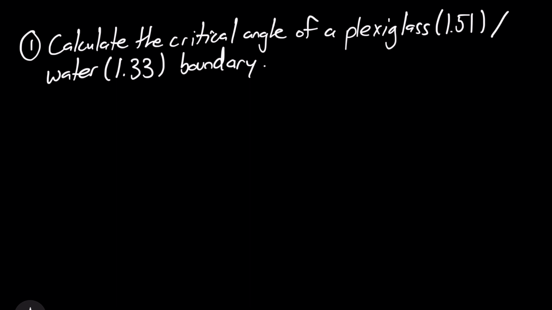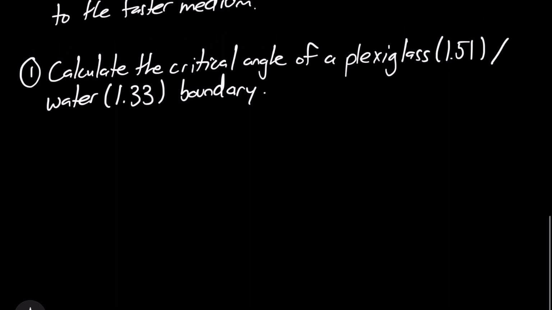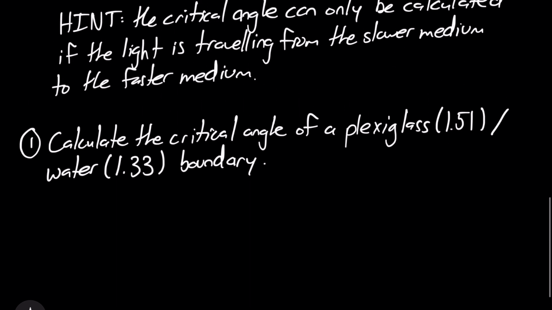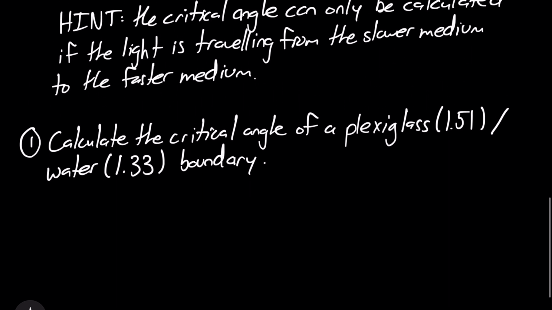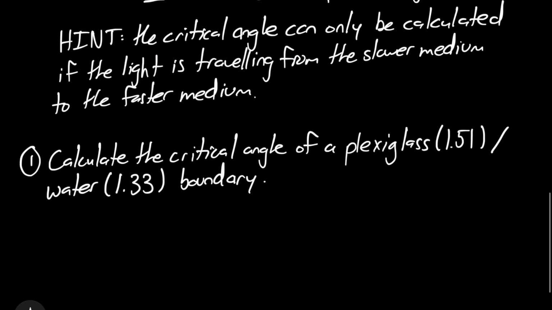First off, remember our little hint from before. I'll just scroll up and show you. The critical angle can only be calculated if the light is traveling from the slower medium to the faster medium.